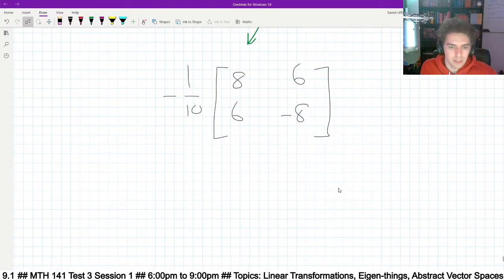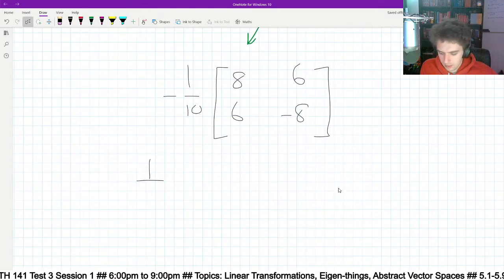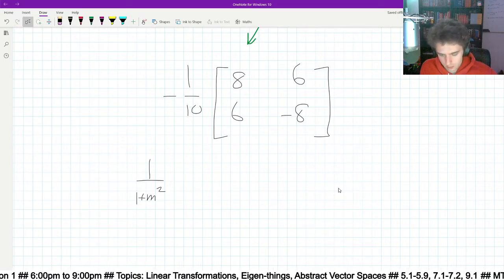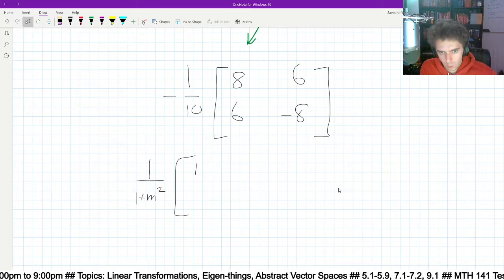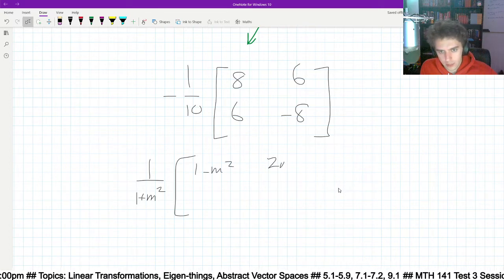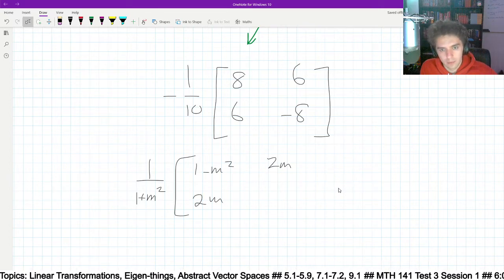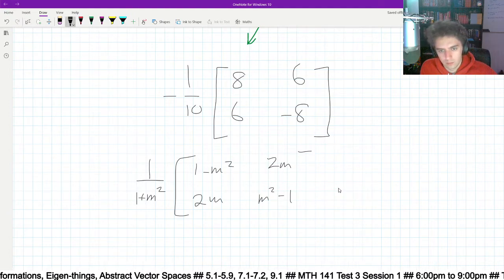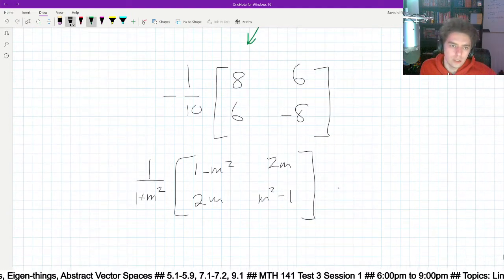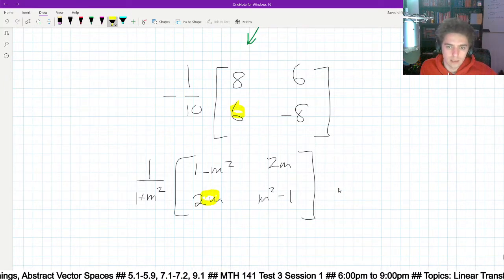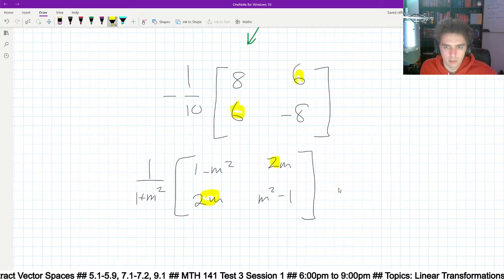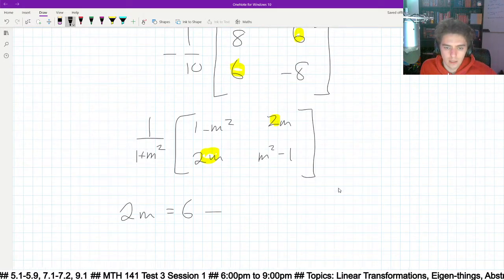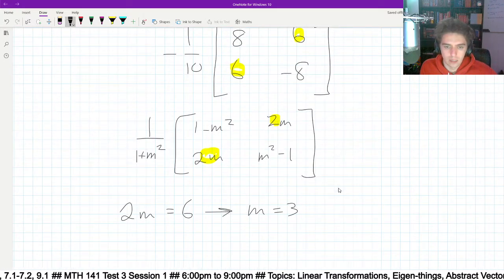And we want this to be 1 over 1 plus m squared, times 1 minus m squared, 2m, 2m, m squared minus 1. So let's just match up this and this, alternatively this and this, but that's the exact same thing, and solve for m. 2m equals 6, m equals 3.